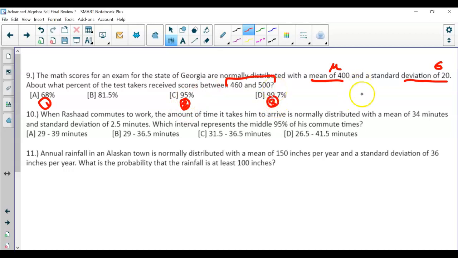So let's see. Here the mean is 400. So that means 1 standard deviation above is 420. Then here we're at 440 and 460. And sorry, I just realized as I'm going through here that this was also a typo.